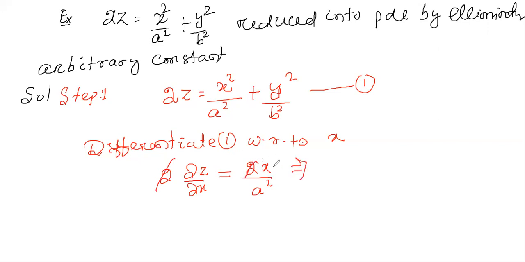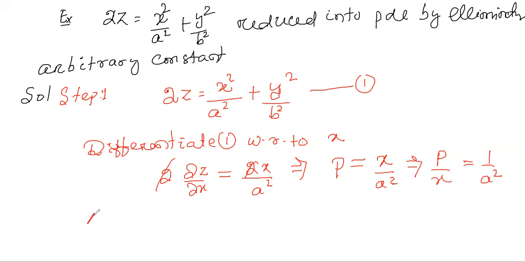Then the remaining value is del z by del x, which is represented as p, the partial form, which is equal to x by a square, and that gives p by x is equal to 1 by a square. See, this is the formation p by x, which is represented as 1 by a square. Here 1 by a square is the arbitrary constant, which is replaced by the partial form p by x.